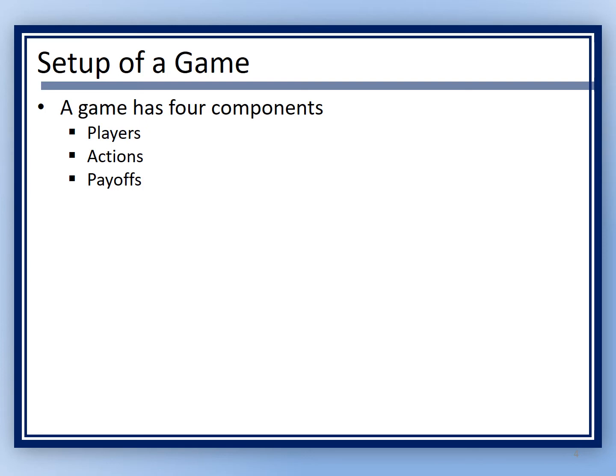It could be money, right? Finally, strategies. Given your opponent, given the actions you can take and the actions that your opponent can take, given the payoff you get in different outcomes, what strategy do you want to use? So those are the 4 components of a game.